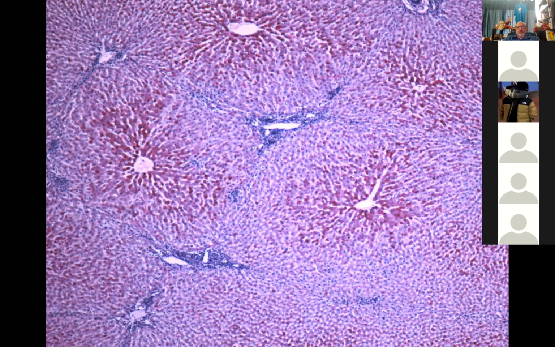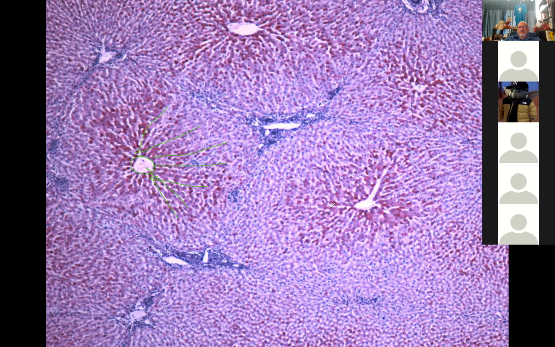I like this picture because it is a relatively low magnification that does a nice job of showing the compartmentalization of the liver. Remember, the liver is made up of these structural and functional units that are the liver lobules, these hexagonal shaped structures that have the central vein at the center of them, and then have all of these hepatocytes radiating towards the middle.